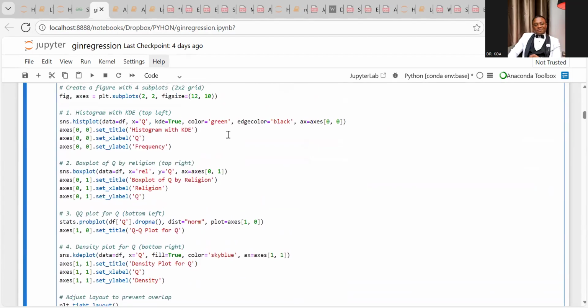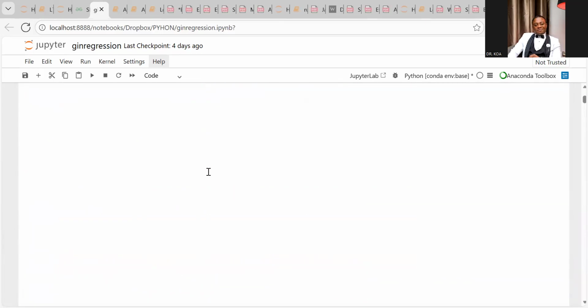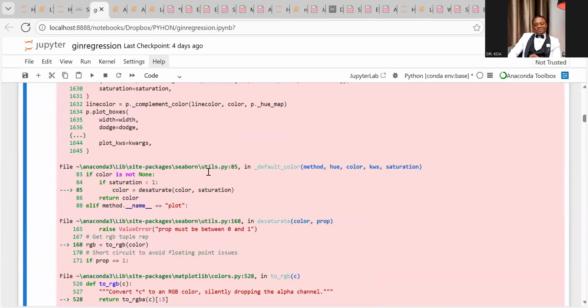I was trying to add some bit of color. Like I said, I don't know whether it's going to work. Each time I try to run it, it isn't showing.